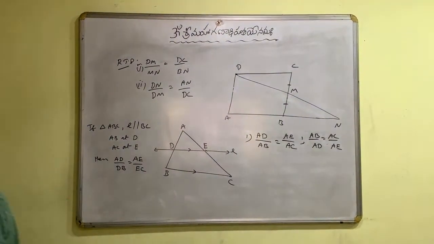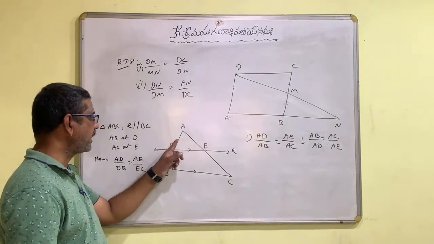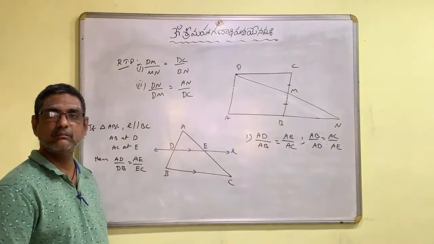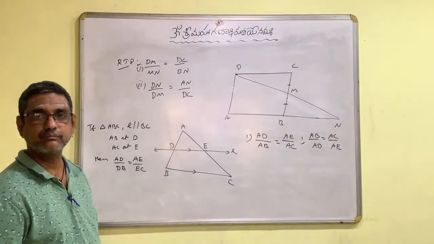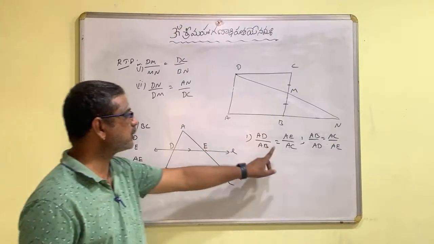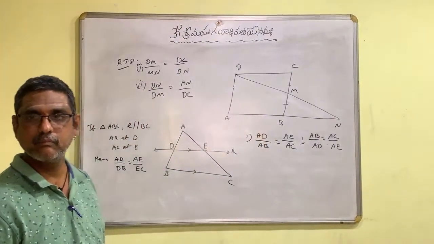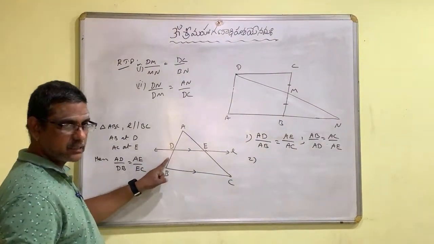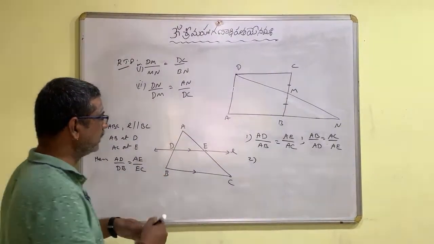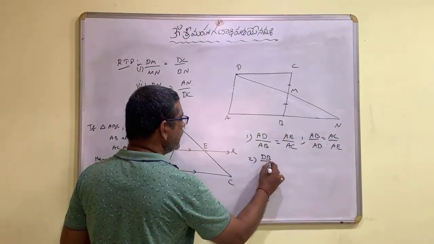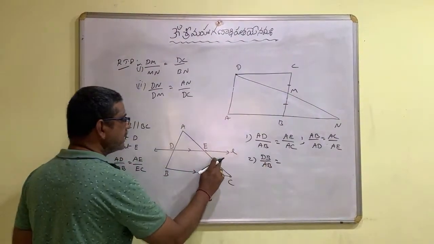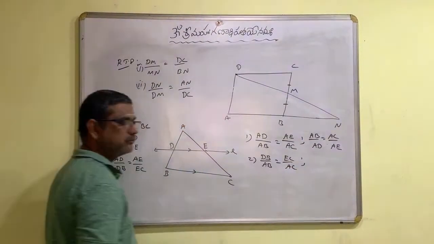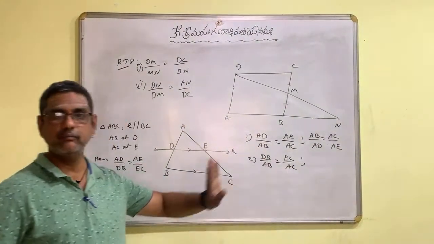First part by total equal to this one by total. That is also equal. Not only that, the inverse ratio of this one is also equal. Next one, second one. Second part, DB by total, is equal to EC by total. This is also equal.